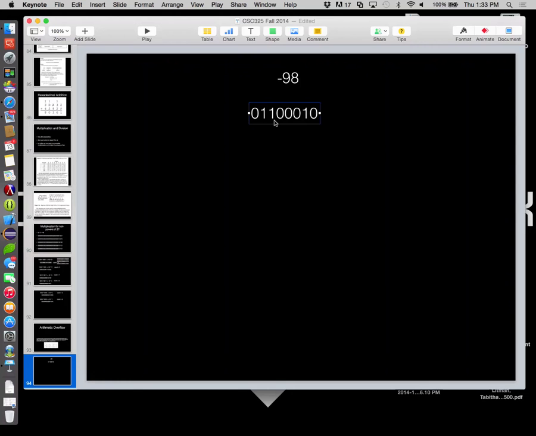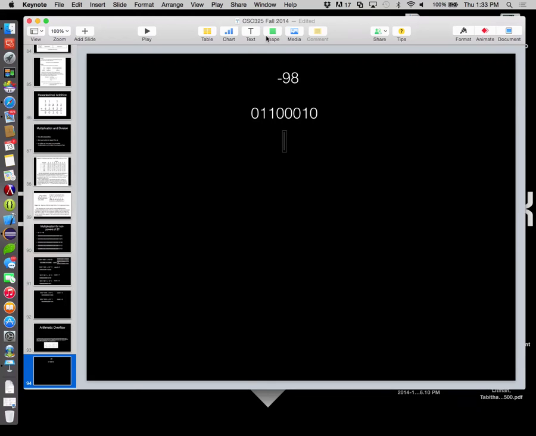Is that positive 98? 1s, 2s, 4s, 8s, 16s, 32s, 64. 64 plus 32 is 96, plus 2 is 98. Good. I'm only sort of kidding when I say I need some confirmation. All right.